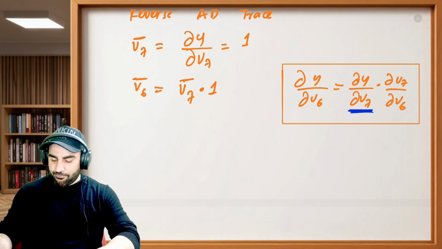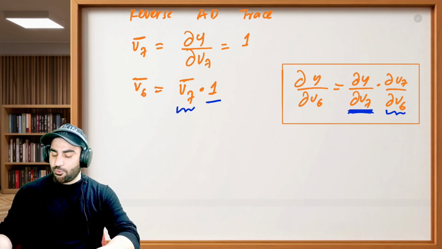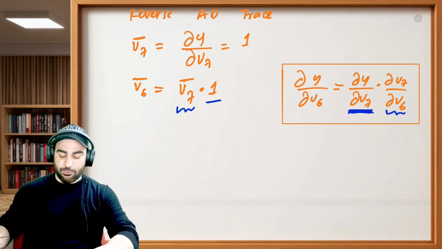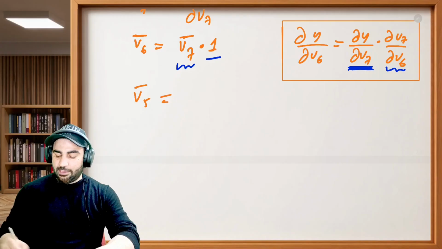The first term is equal to 1, and the second term is written directly, by definition. So when I wrote v6 bar is equal to v7 bar multiplied by 1, this is by the definition of the chain rule.